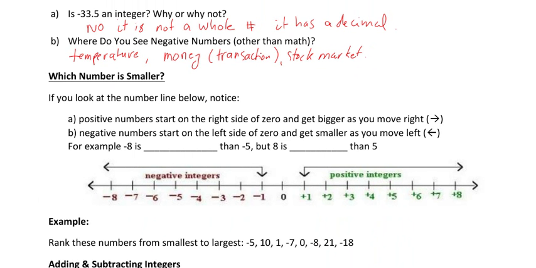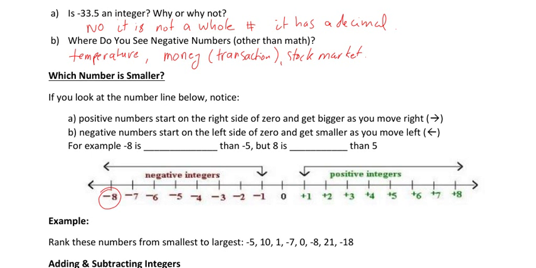So negative 8 is a smaller number than negative 1 because it's more to the left of the 0. But 8 in this case is greater than 5.